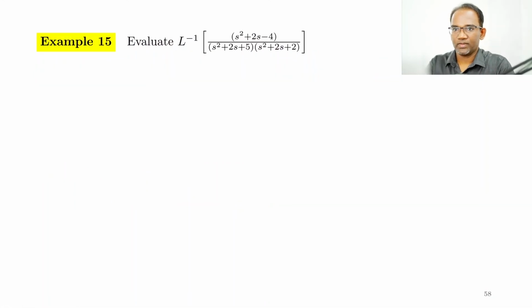Now, as an illustration, let us try to evaluate L inverse of (s square plus 2s minus 4) over (s square plus 2s plus 5) multiplied by (s square plus 2s plus 2).